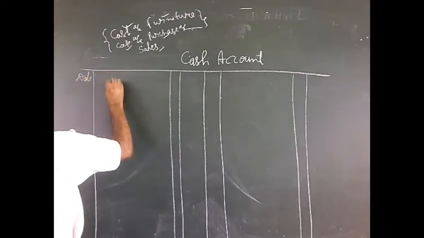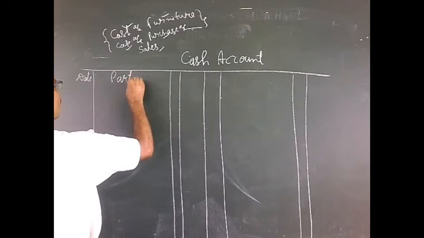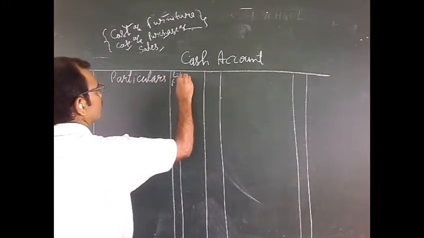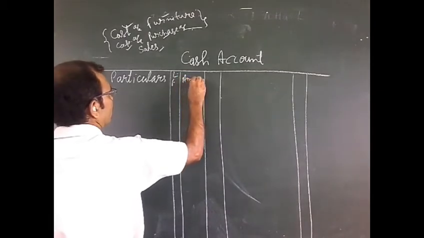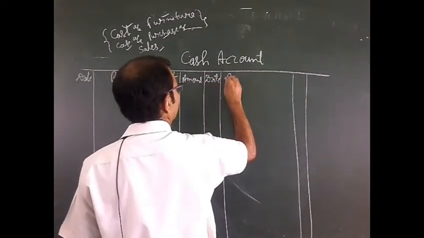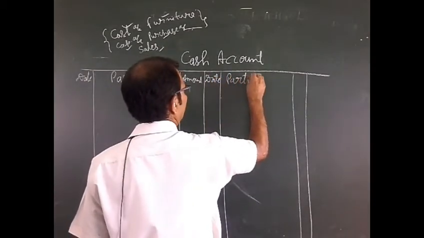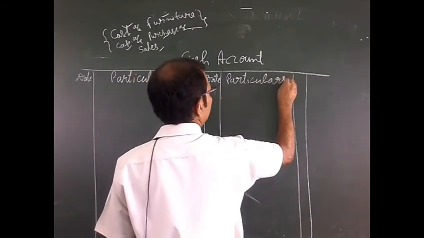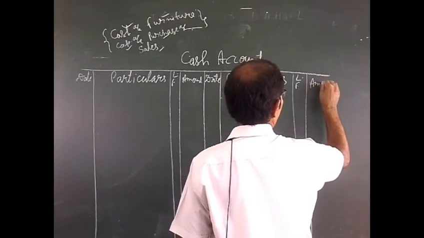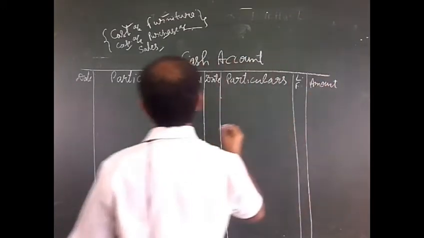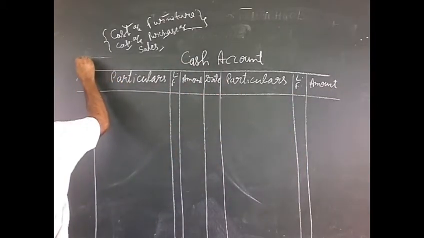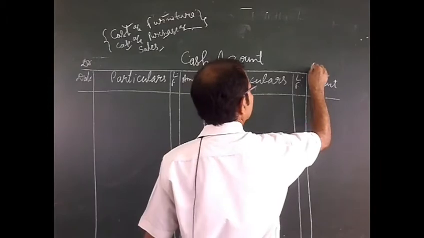Date, particulars, ledger folio, amount, date, particulars, ledger folio and amount. This is the debit side and this is the credit side.